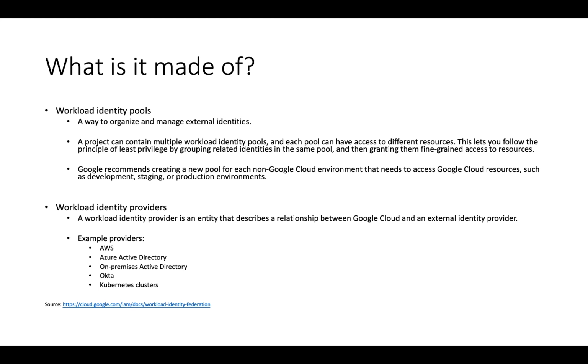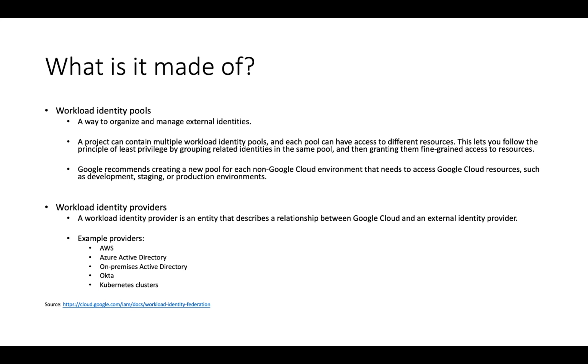There is another advantage of having workflow identity pools. Google recommends that you create a new workflow identity pool for each non-Google Cloud environment that needs access to Google Cloud resources, such as development, staging, and production environments.